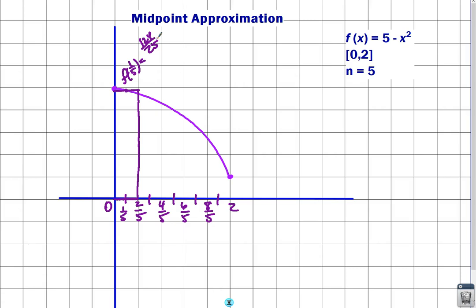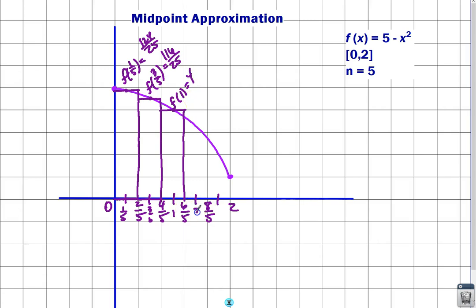Okay, my next rectangle, the height is going to come from f of 3/5. So I go up to here. So this is f of 3/5, which I will tell you is 116/25. Okay? Between 4/5 and 6/5 is just 1 because it's the halfway point here. So f of 1, and that lovely works out to a nice pretty number of just 4. Okay?